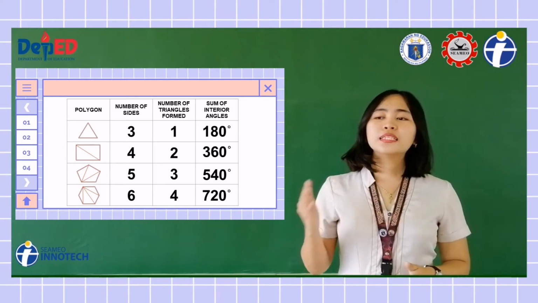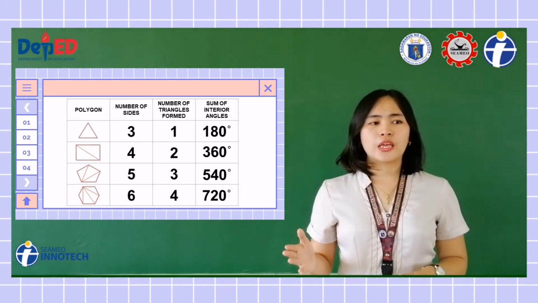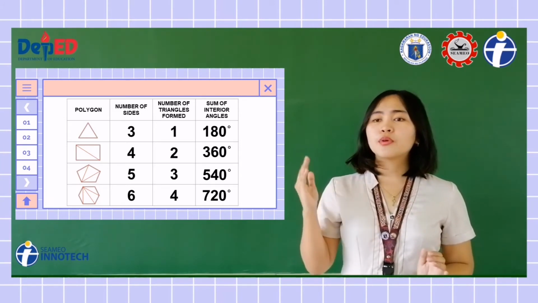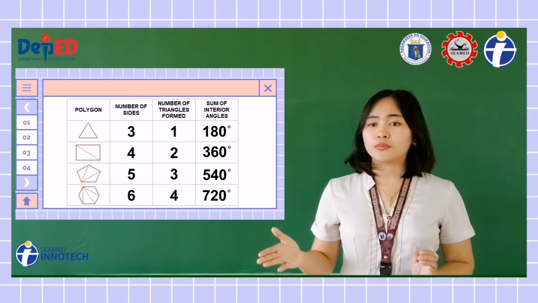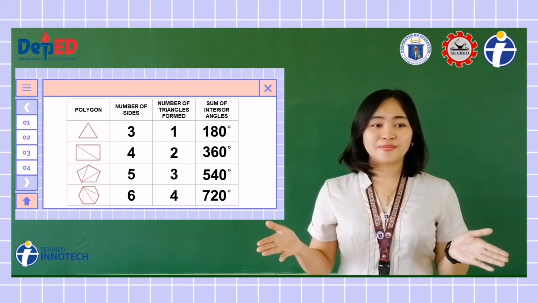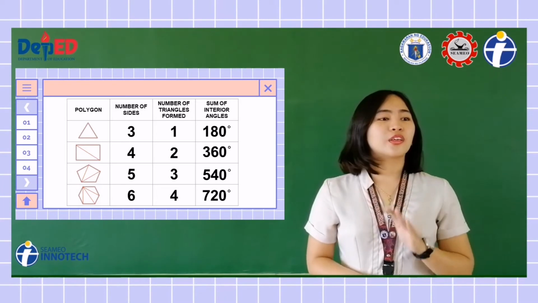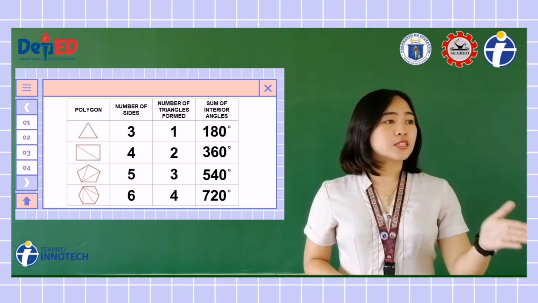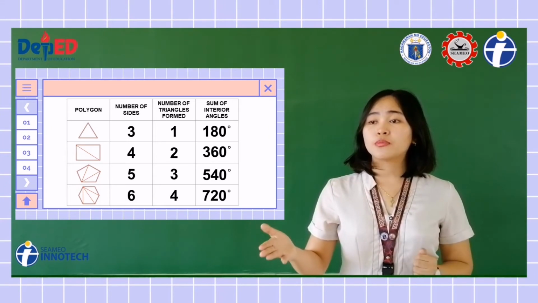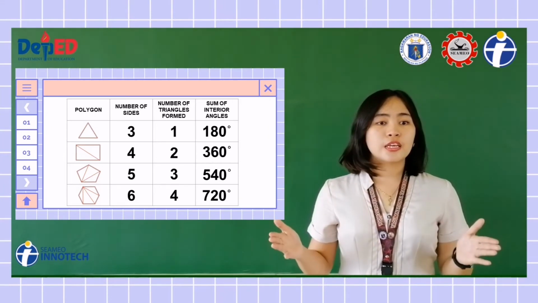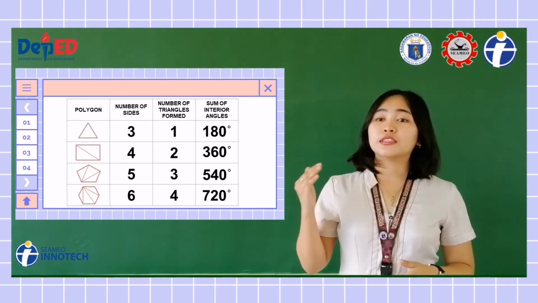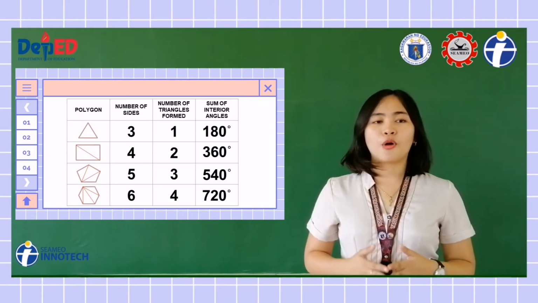Now, what is the relationship between the number of sides of a polygon and the number of triangles being formed in a polygon? Okay, n minus 2. Very good. Knowing the number of sides of a polygon and the number of triangles being formed in it, we can easily find the sum of the measures of the interior angles of a polygon.